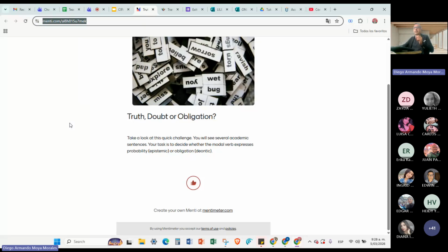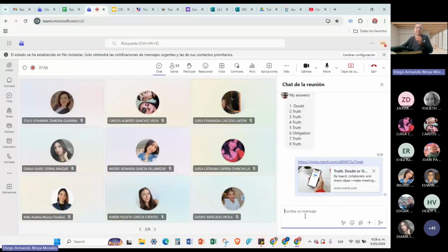That's the modality that you want to show, to express, okay? So please go ahead and access this activity. It's a Menti activity. Check the sentences and establish the difference, all right? I'm going to give you a couple of minutes, 4 or 5 minutes, so you can go over this activity. Let me know in the chat if you have any questions, or you can raise your hand if you want to say something.